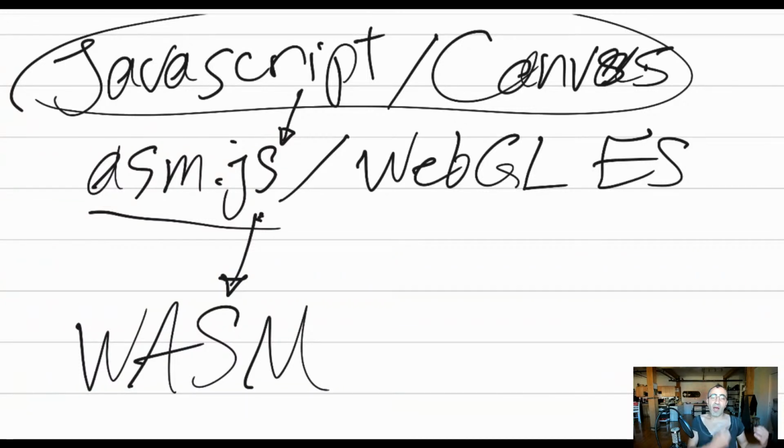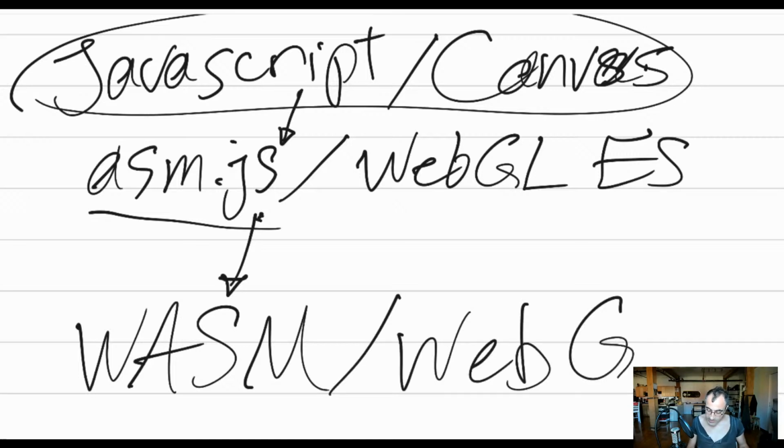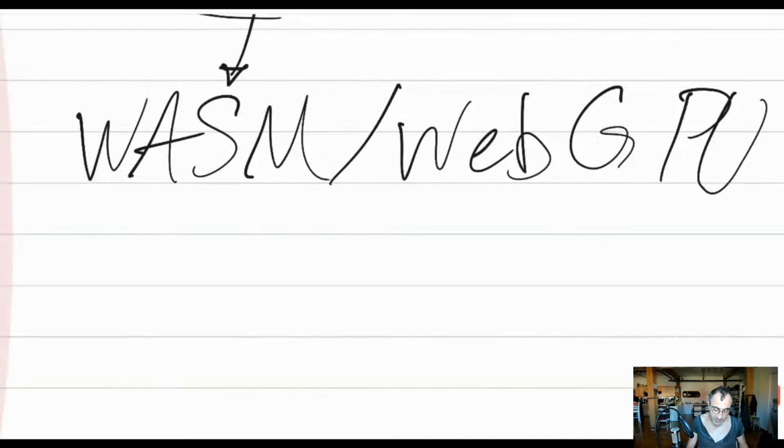So you have an optimizing compiler do a lot of work, produce this, you ship it, and then the client has to specialize this for the specific CPU they're running on, but otherwise that's a fast operation. So WASM and WebGPU is how the current approach to web apps is heading into the future.